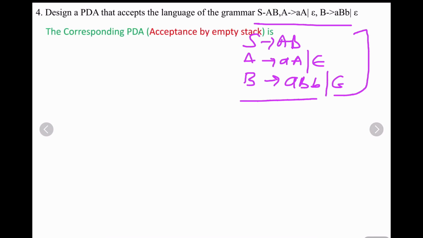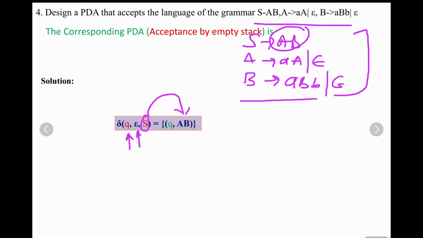Okay, as usual you have to start like this. The solution is: the input is empty, and you are just pushing S production onto the stack. You are in state Q, there is no input, and you push the S production AB onto the stack.